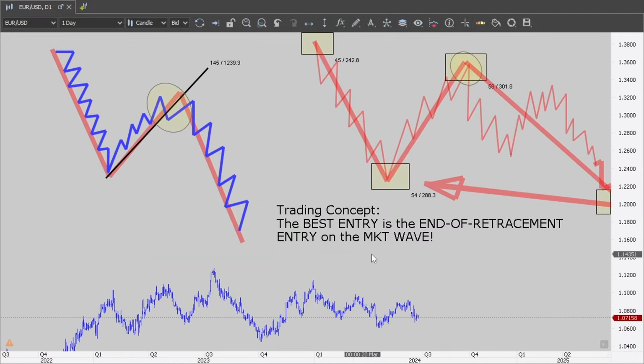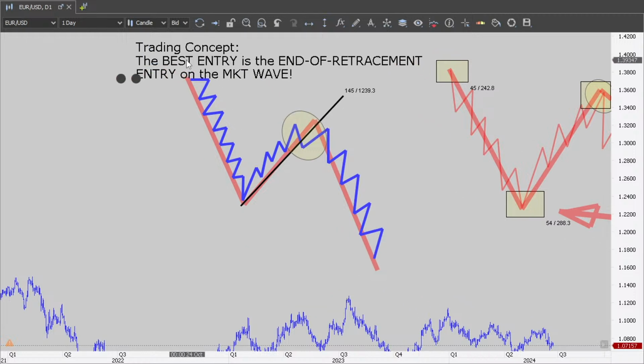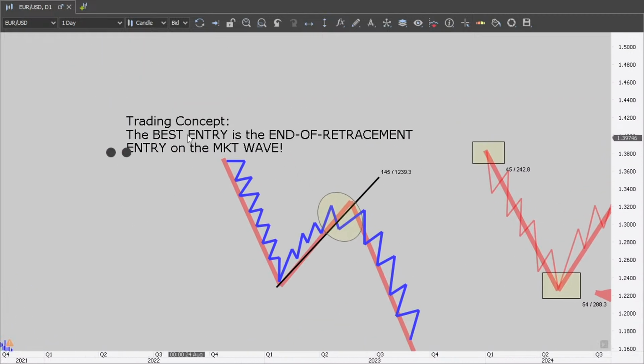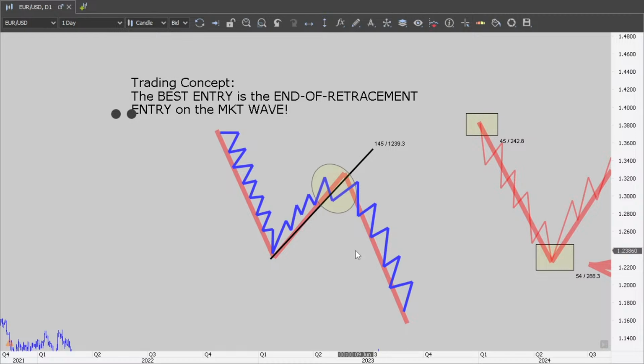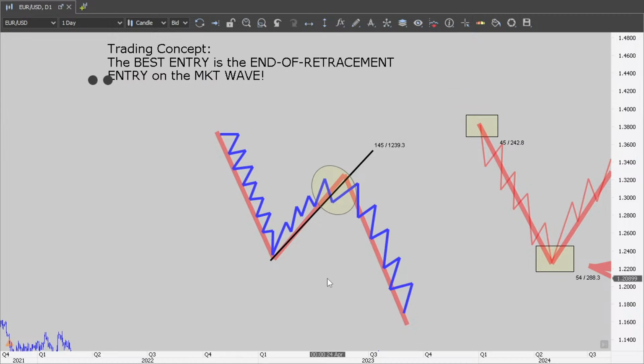Okay, everybody, talking about trading, the best entry is the end of the retracement. Now, a $1 million question for the beginner trader, which is not a trader, you are an analyst. Everybody, there is no right or wrong, okay?